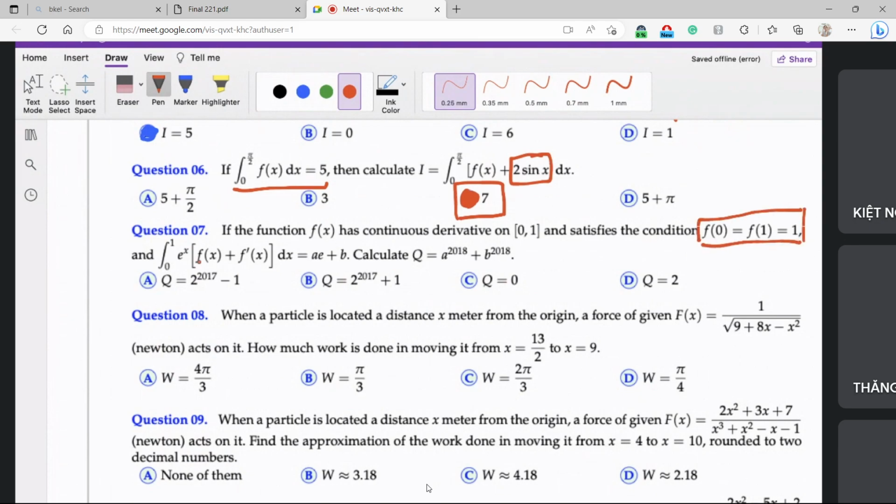So from this integral, if you want to evaluate this integral, what do you have? Which method do you use here? Who knows? When we see the derivative in the integral, which method do you think about?